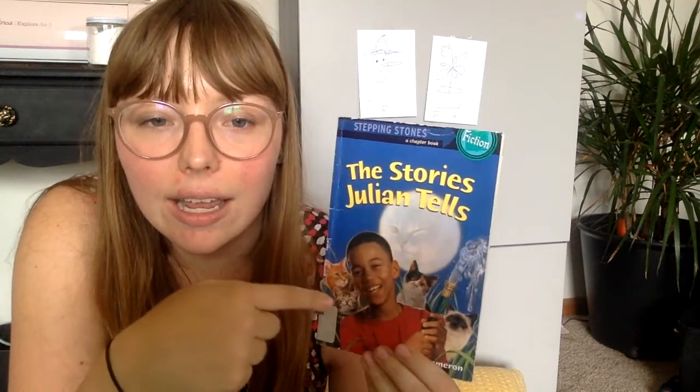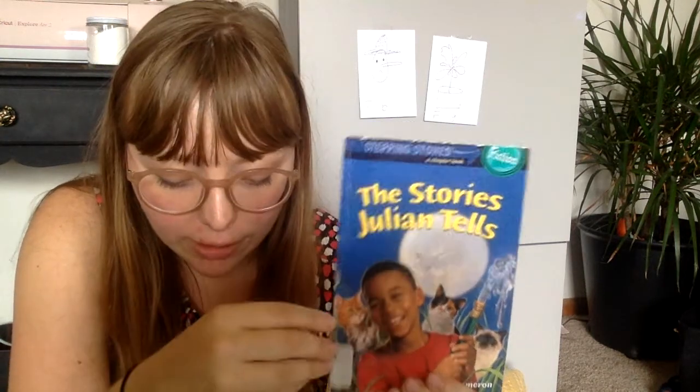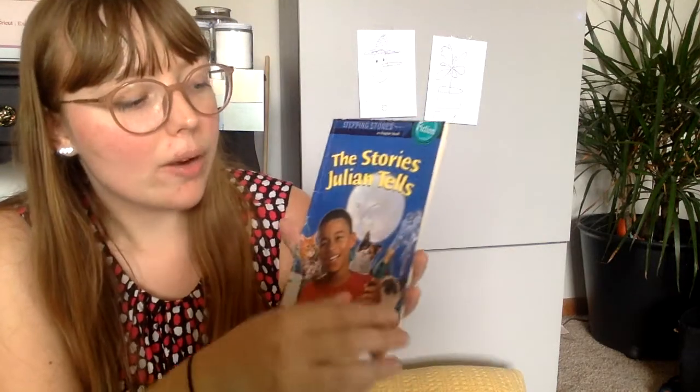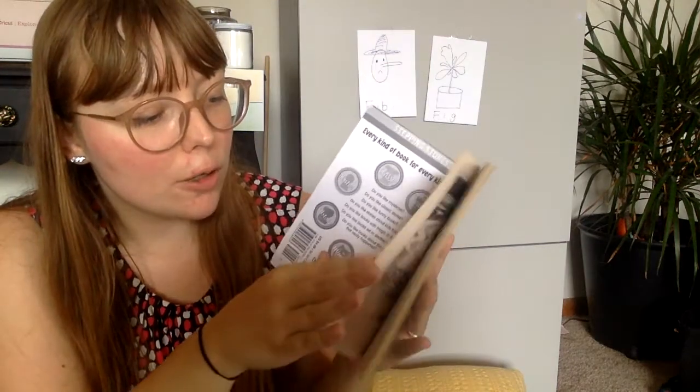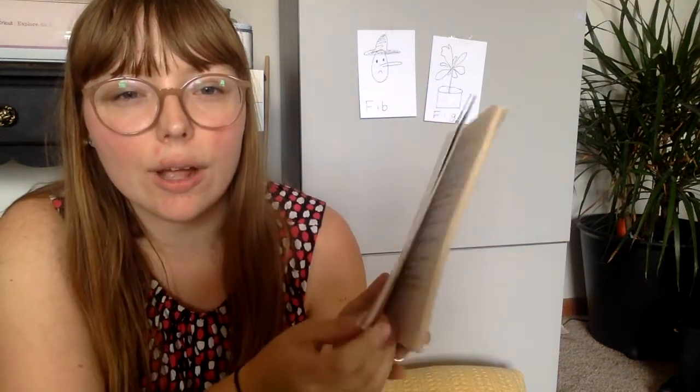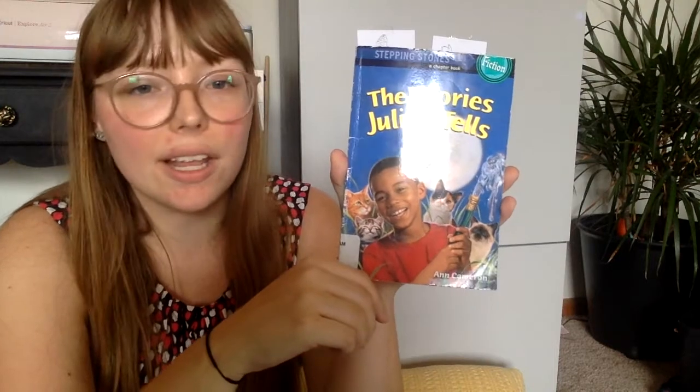So we have characters. We have setting. What other things might we need? What about if we read just a few pages of the story and something is happening already? Is that at the end of the story? Is that at the middle of the story? No, it's at the beginning of the story.